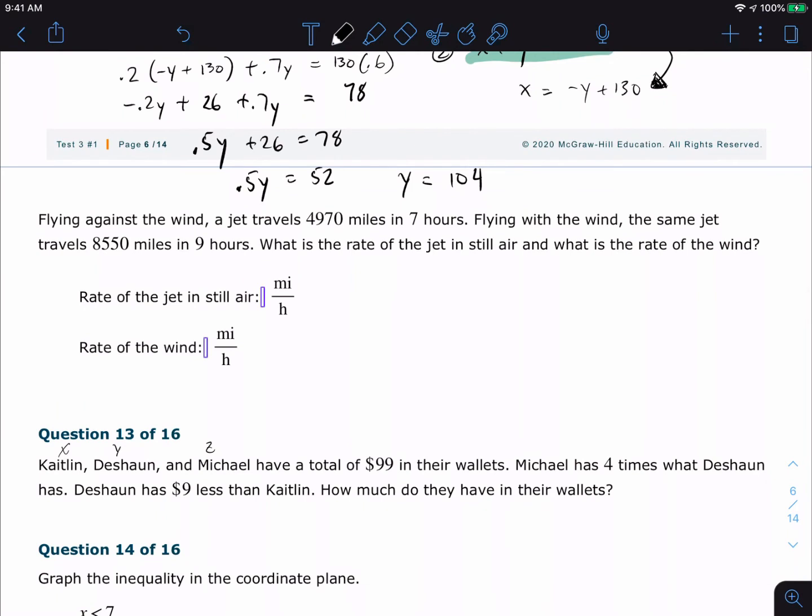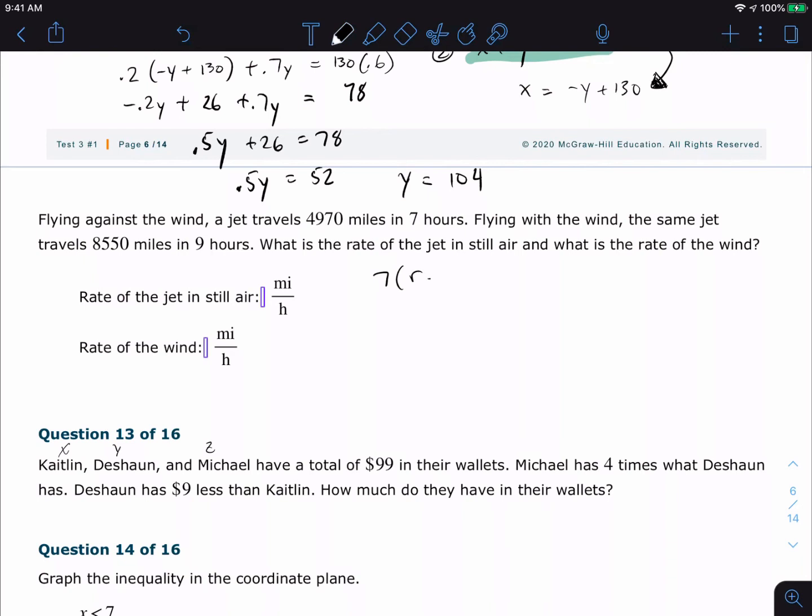And now it's a distance rate problem. It says, flying against the wind, a jet travels 4,970 miles in 7 hours. Okay, so we're flying against the wind. So that tells me I'm going to go 7 times my rate minus the wind. So here, I'll do it this way.